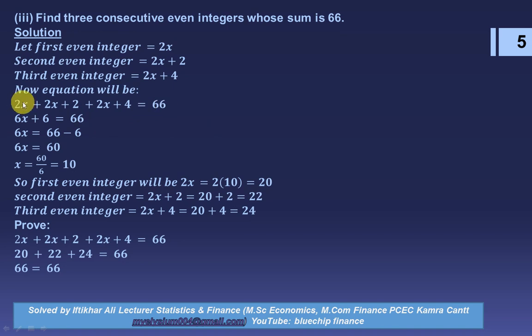So 2x plus 2x plus 2x is 6x, and 2 plus 4 is 6, equals 66, and finally x will be equal to 60 divided by 6 equals 10. So first even integer 2x equals 2 multiplied by 10, 20. Second even integer 2x plus 2 equals 20 plus 2 equals 22. Third even integer 2x plus 4, 20 plus 4 equals 24. And you can prove it.